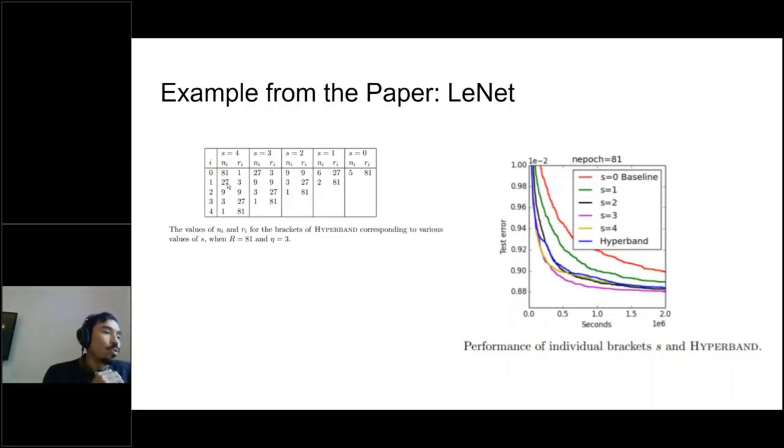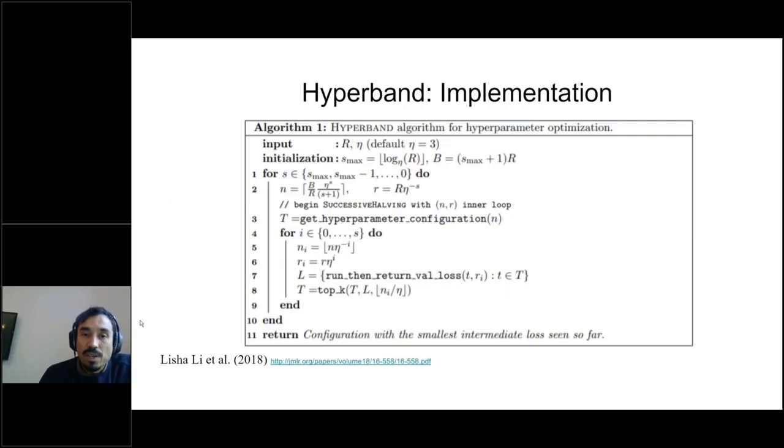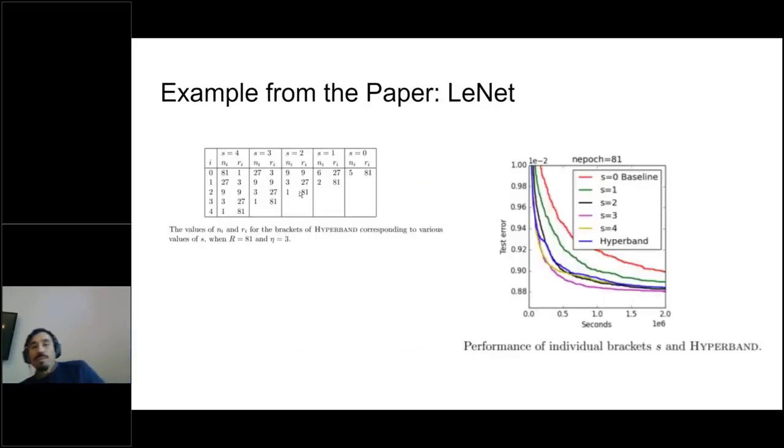If you want to make the first search a certain amount of iterations, you have to choose that, and you just compute that according to the formulas here. So then at the end, the winning hyperparameter configuration is going to get the most iterations, right, that you train on those. What you can see here is the validation or the test error.